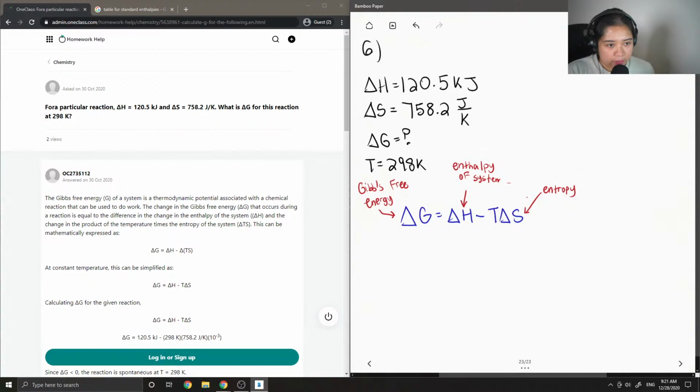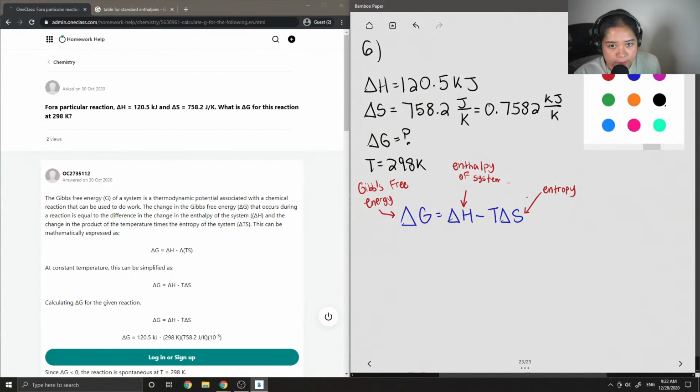So I'm just going to convert my entropy into kilojoules as well by dividing by 1,000. So 758.2 is also equal to 0.7582 kilojoules per Kelvin.